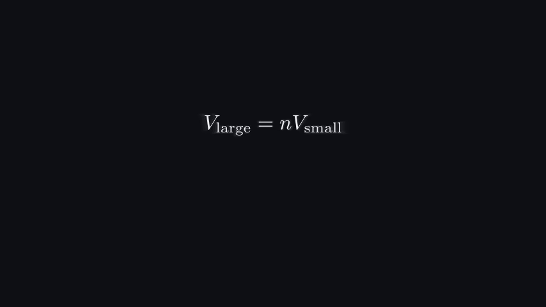So V large equals N V small, and N equals V large over V small.